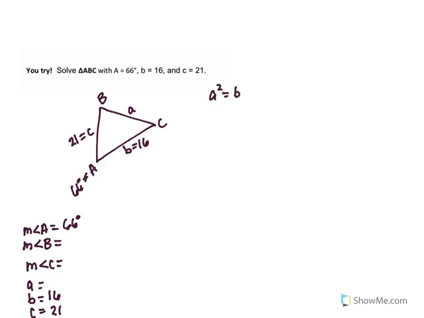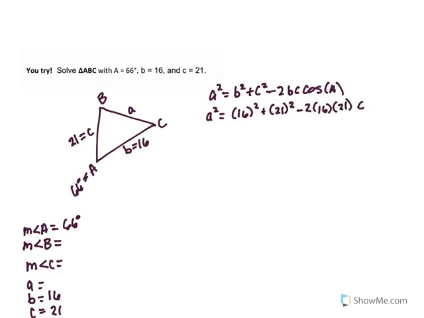So you've got A squared equals B squared plus C squared minus, not equals, 2BC cosine of A. A squared, we don't know. B is 16. C is 21 minus 2 times 16 times 21 cosine, and A is 66 degrees. Type that in your calculator, and let's see what we get.